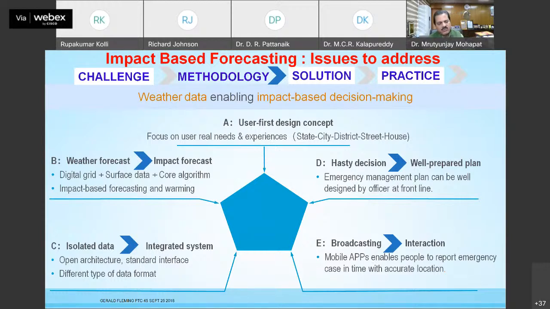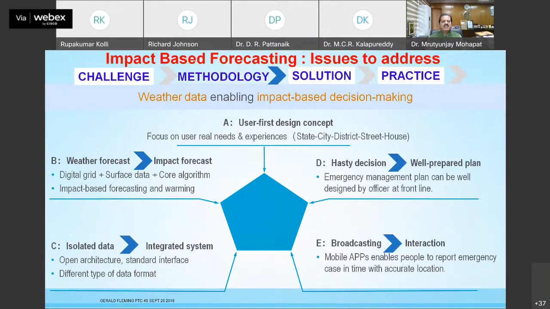While doing so, we have to go for an integrated data system, data utilization instead of isolated data. Then we have to go for an interactive mechanism instead of only broadcasting the information to the disaster managers and the general public. And above all, we should keep a user-first design concept.